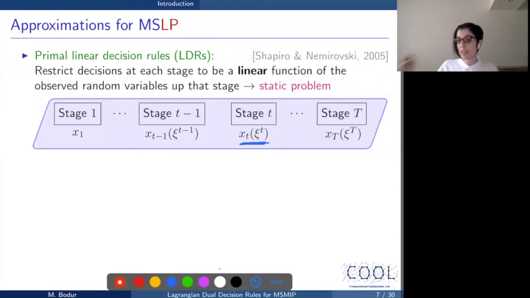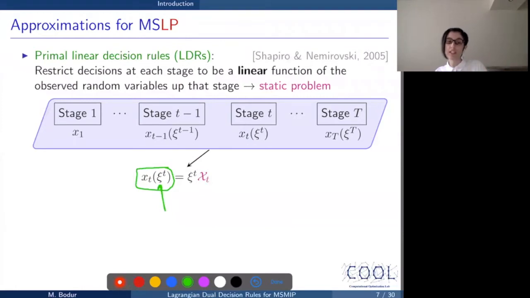They are potentially infinite dimensional objects, but then we will apply these linear decision rule type of approximations, restrictions, to our decisions. We will say that this set of decisions that I will make at stage t, which are parameterized by my history up until that point, cannot take any value. I have some specific requirement on what type of values I can have for these decisions. Namely, you take this history up until that point in a matrix form, and you multiply it with these new deterministic decision variables.